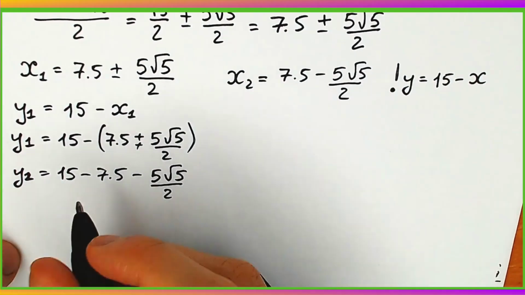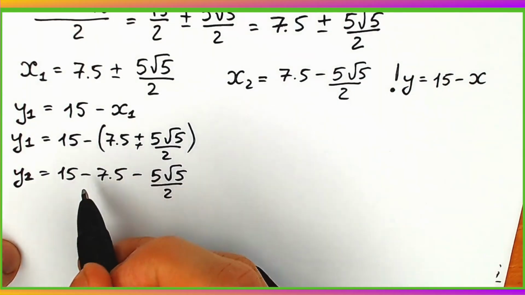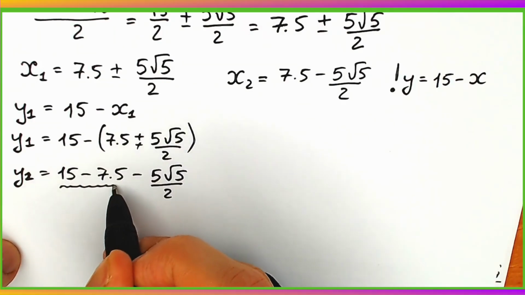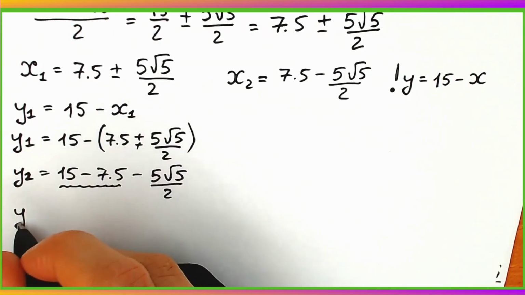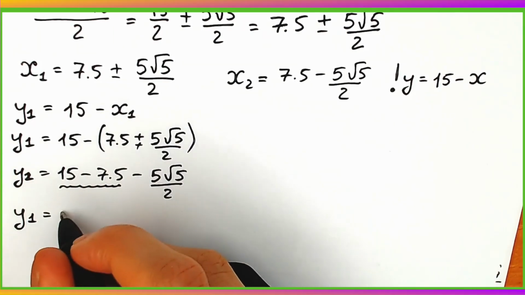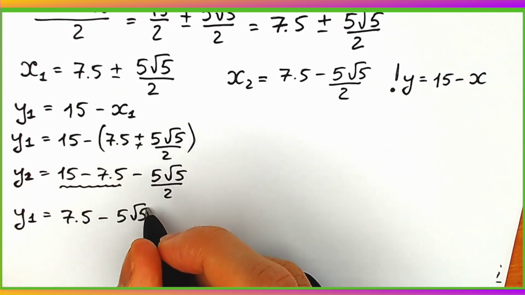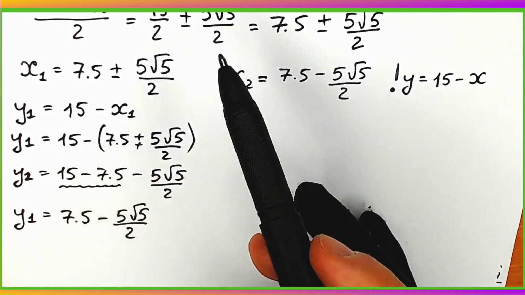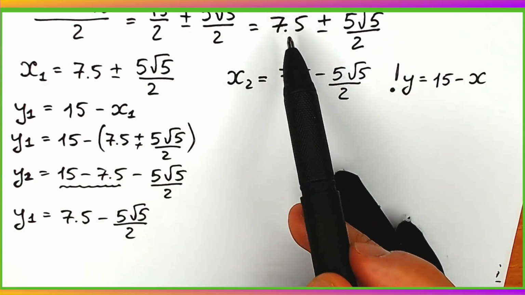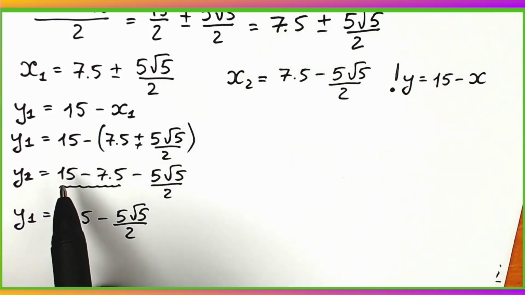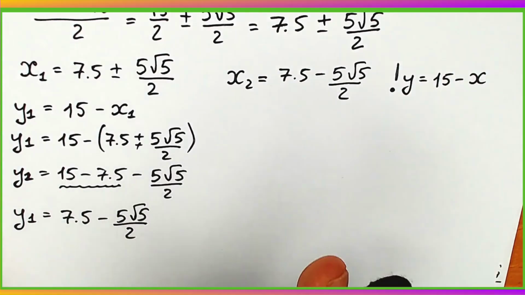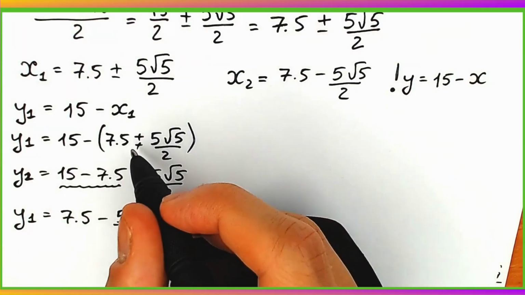And that's why I use this expression 7.5. So we have 15 minus 7.5. It's much easier for us to subtract. So we have y first equal to 7.5 minus 5 square root of 5 over 2. That's why I use this interpretation with decimal value, because it's much easier for us to subtract 15 minus 7.5. Okay, I really hope you understand it.